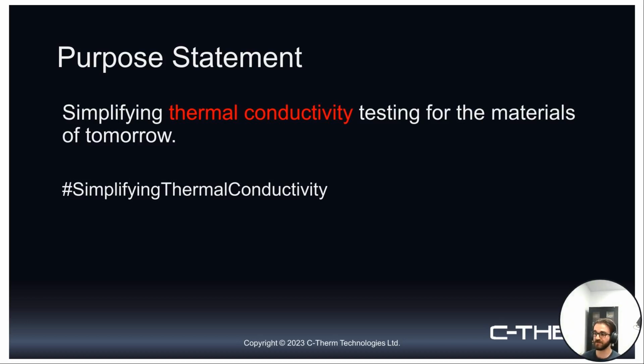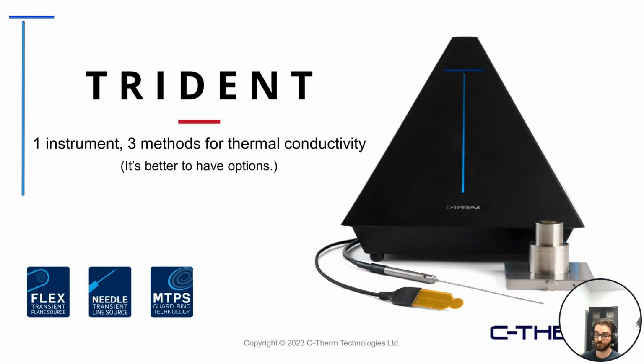We do this through the advancement of various transient-based measurements for thermal conductivity. Here we see an image of our flagship product. This is called Trident. Trident was developed and launched, I believe, at the end of 2019, so a few years ago now. It is unique in the sense that it is a modular platform.